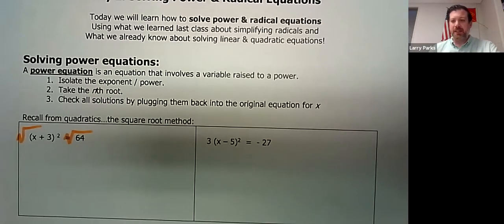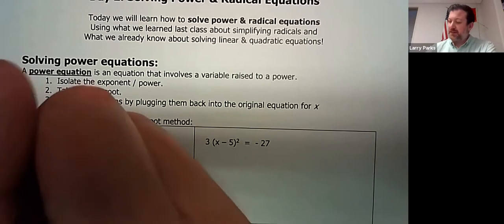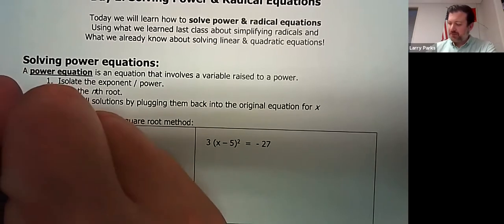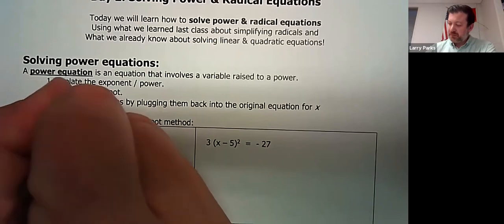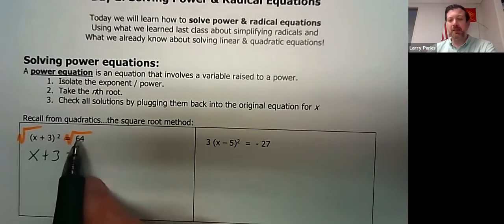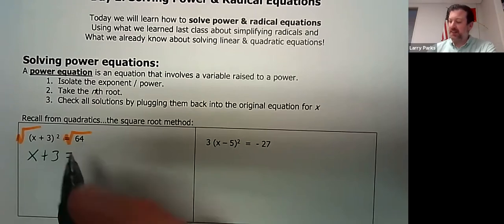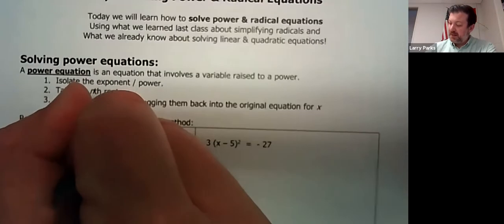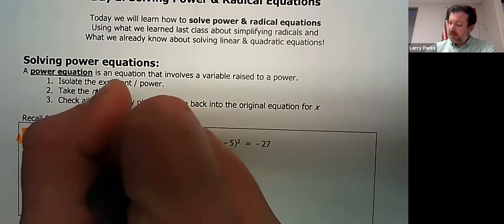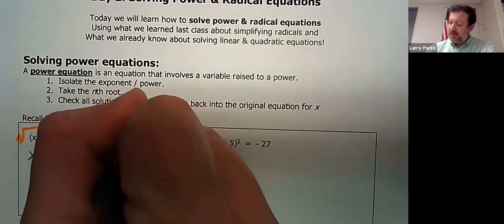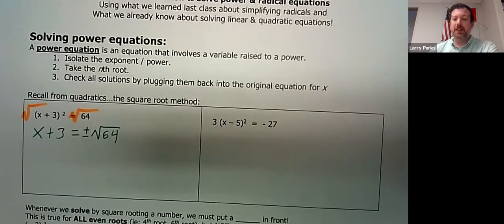Now, the square root cancels out the square. But anytime you take the square root, you should do the positive and the negative. Now the square root of 64, that's 8.